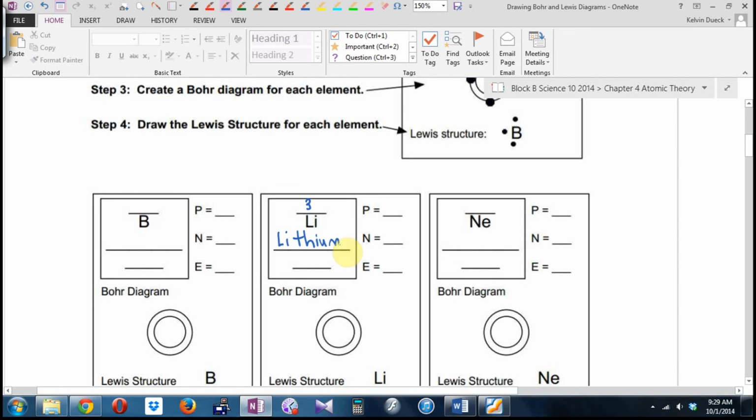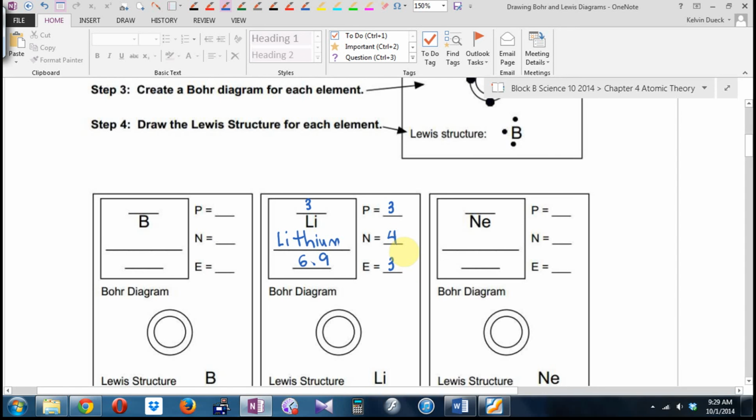What goes beneath lithium? Oh, the mass? What is it? 6.8? 6.9? Okay. How many protons? 3. How many electrons? 3, because it's not an ion. How many neutrons? Take the 6.9, round it off to what? 7.